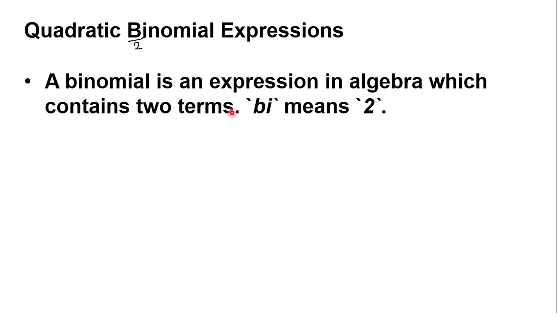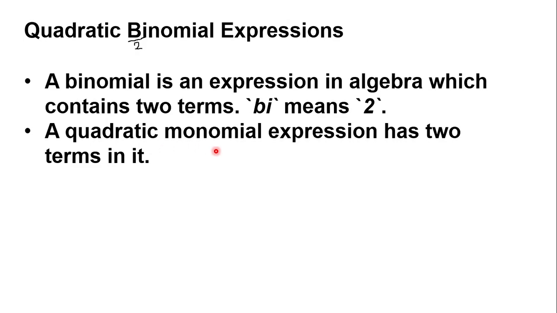So a quadratic binomial expression has two terms in it. These are joined together by either plus or minus sign.